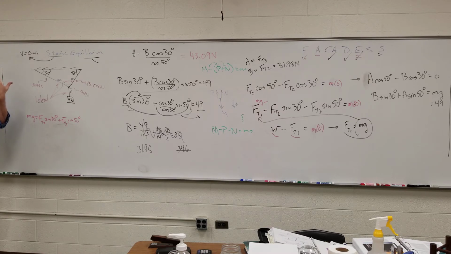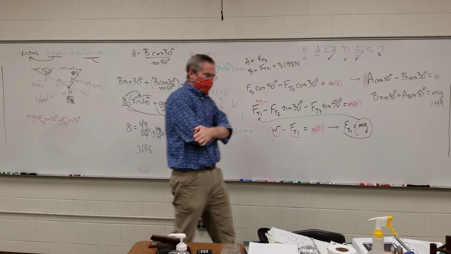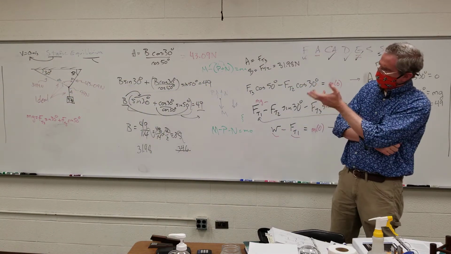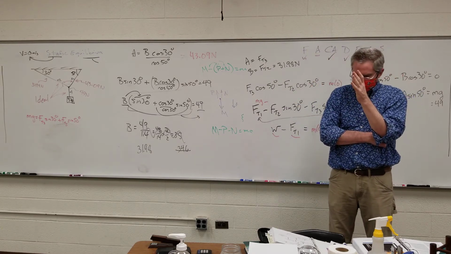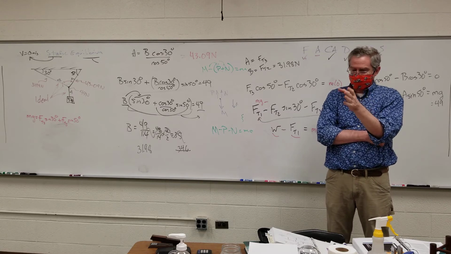The classic static equilibrium problem. I can't remember if there's a master set problem. There was a long, complicated one, complicated if you mess up the force diagram, then it was impossible.